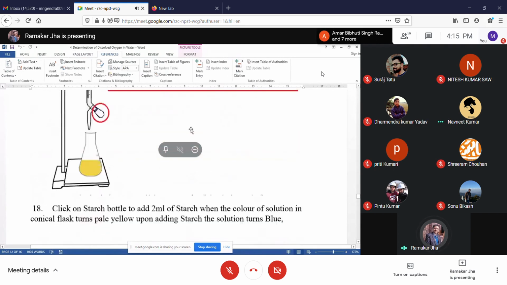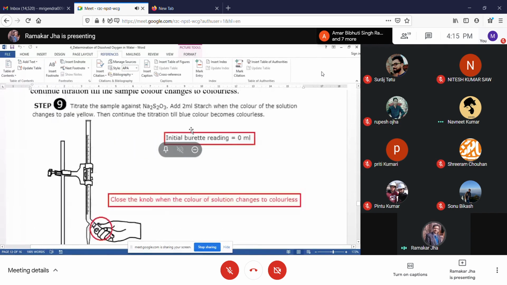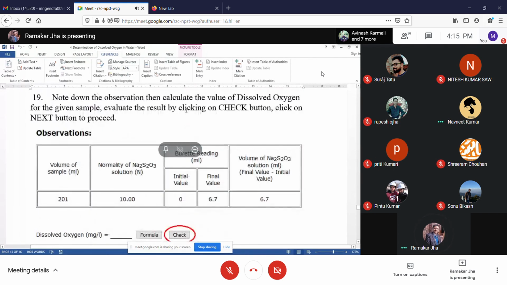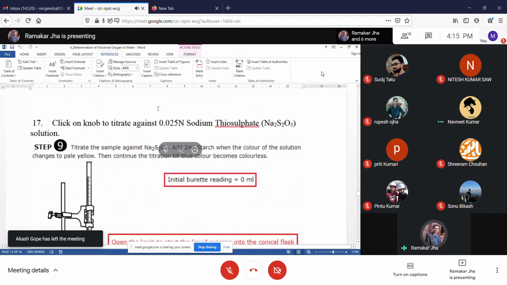And here you see light color. Then we will add starch, and once starch is added, it becomes blue. So now the volume we have taken. Why is it 201? Because 200 plus we have taken 1 ml of what we took initially. Anybody who will reply? What really did we take here?